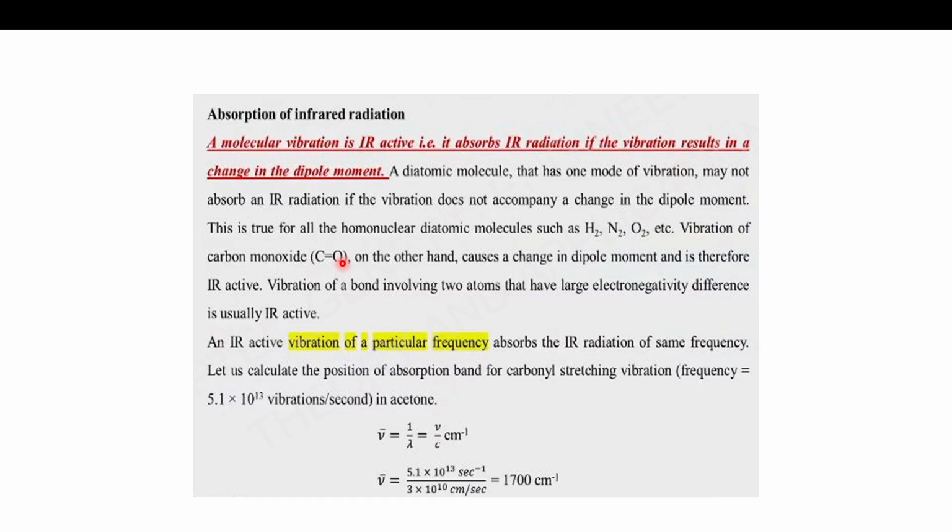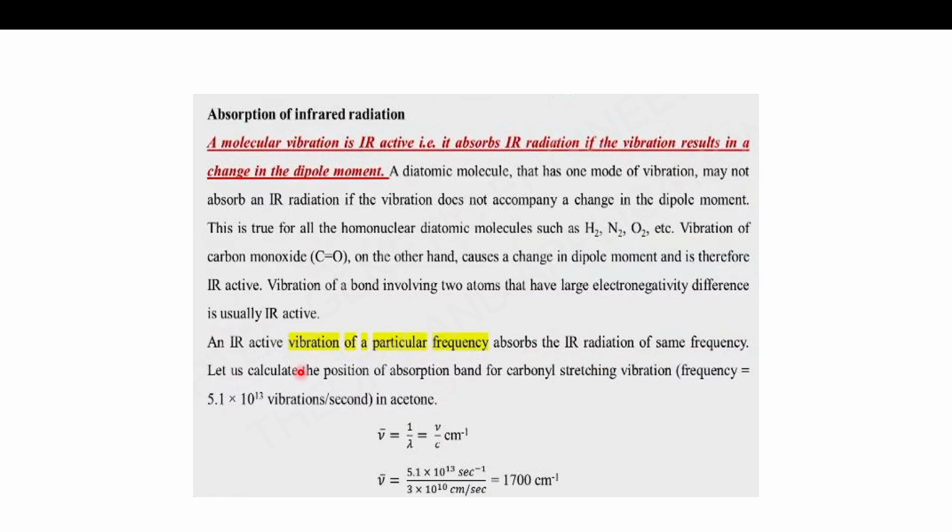O has a higher tendency to pull the electron cloud towards itself as compared to the C atom. That's what leads to development of the partial positive charge on the carbon atom and partial negative charge on the oxygen atom. So an IR active vibration of a particular frequency absorbs the IR radiation of the same frequency.